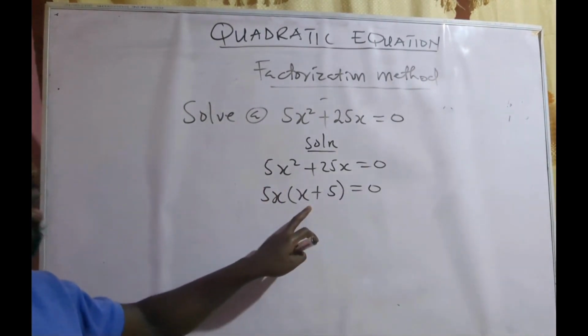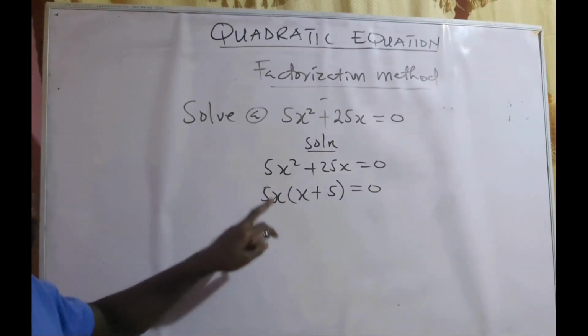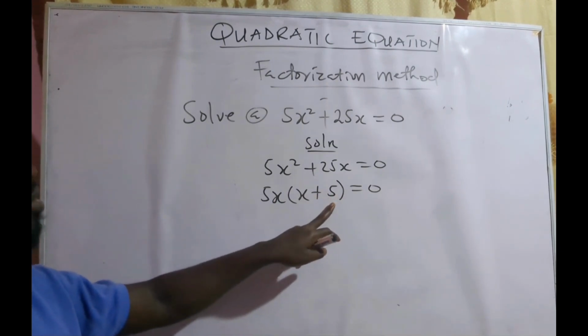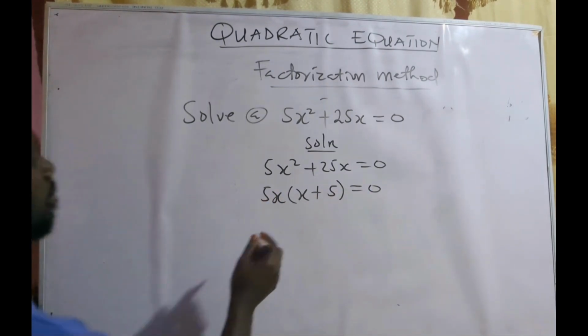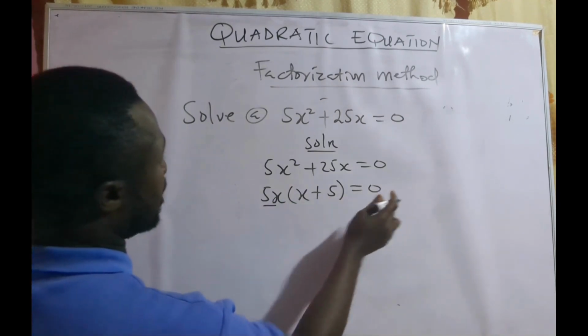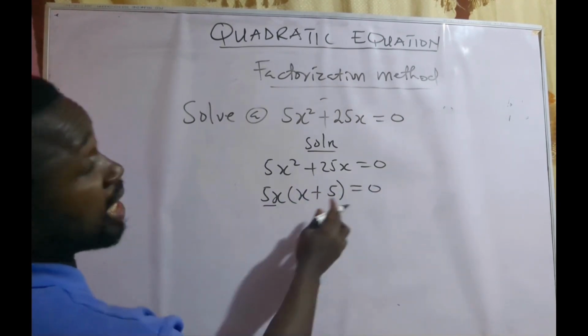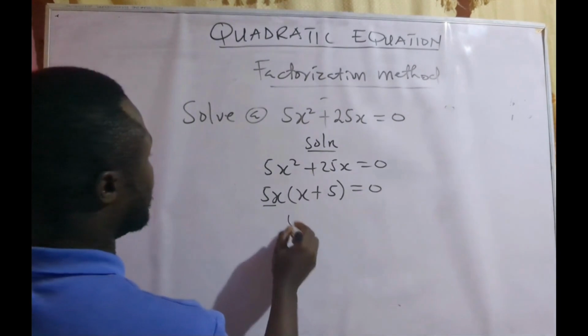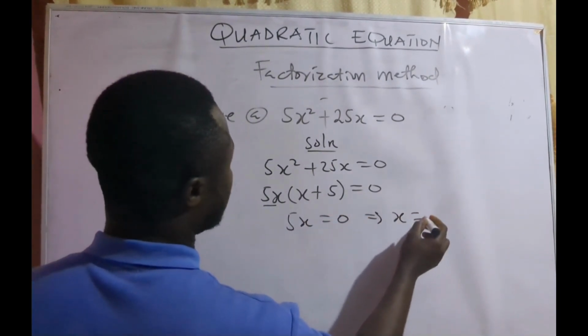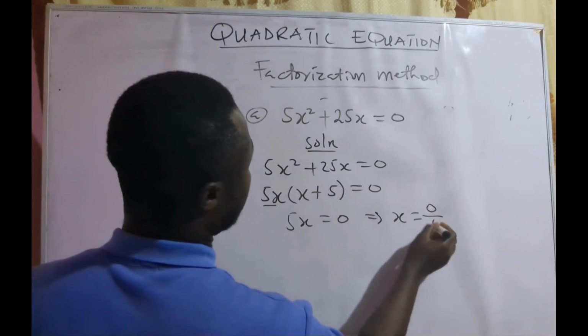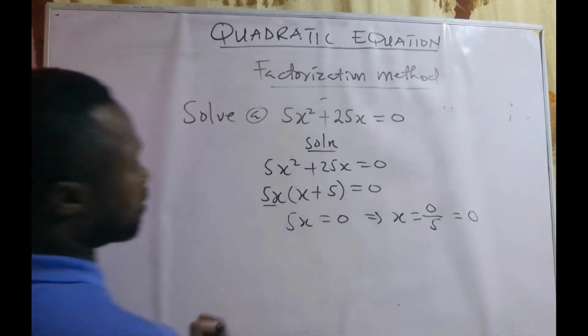5x times x will give me what? 5x squared. 5x times 5 is going to give me what? 25x equal to 0. So either 5x is equal to 0, or x plus 5 is equal to what? 0. So either 5x is equal to 0, which means that x will be equal to what? 0 divided by 5, and that will give me what? 0.